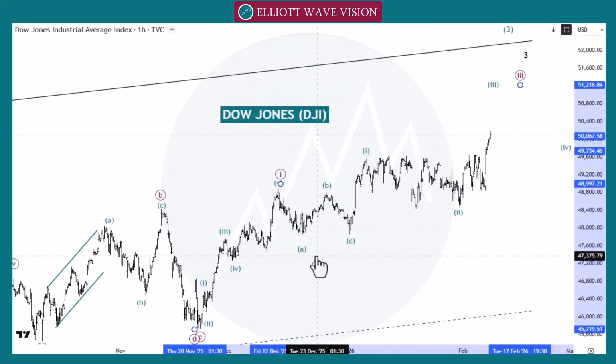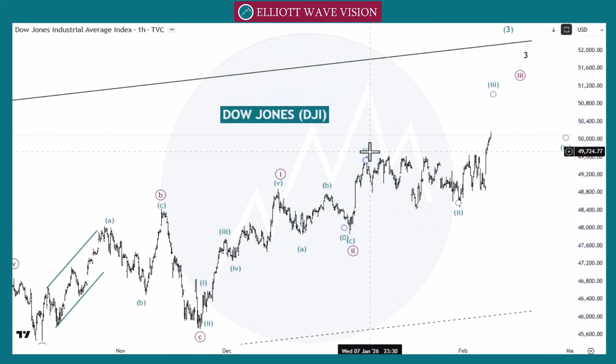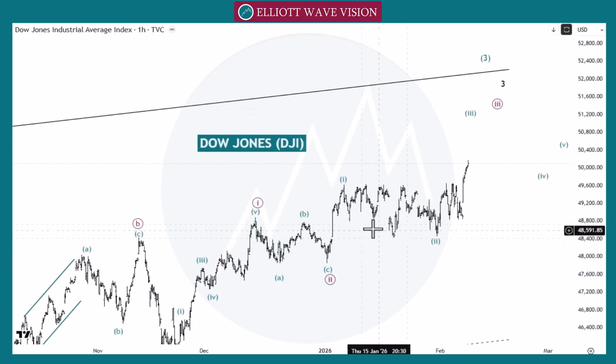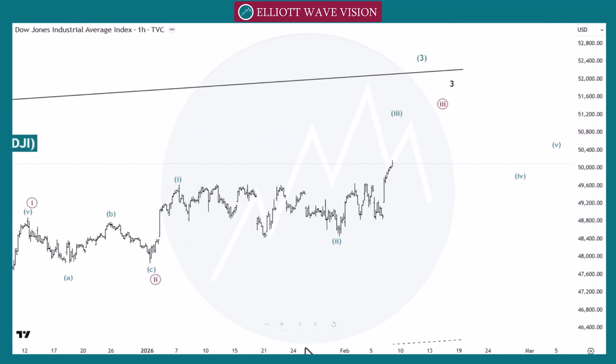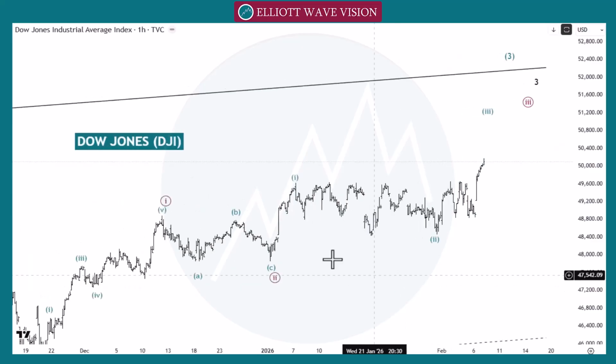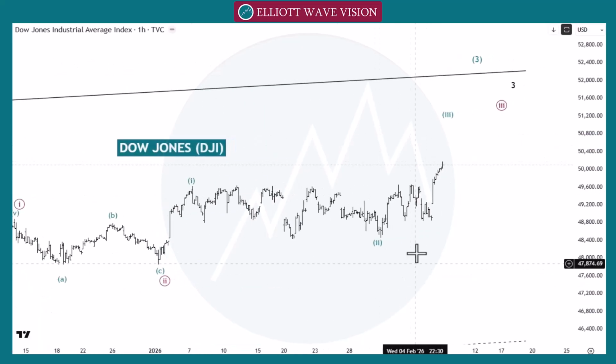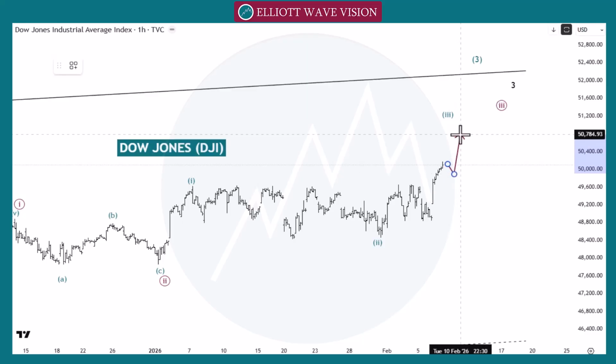So back towards the original count, wave 1 and wave 2. After this 1 and 2, again market give us the pattern in lower time frame at 49.65 or 49,600, like arrival, reaction. So now at 50,000, we need to wait for the pattern like wave 1, 2, wave 3, wave 4, wave 5.